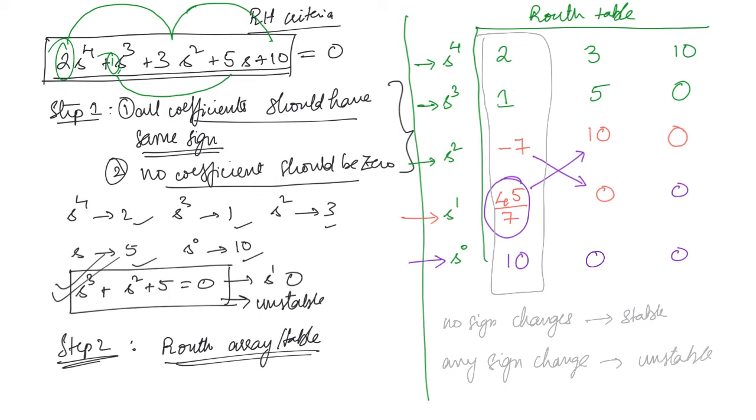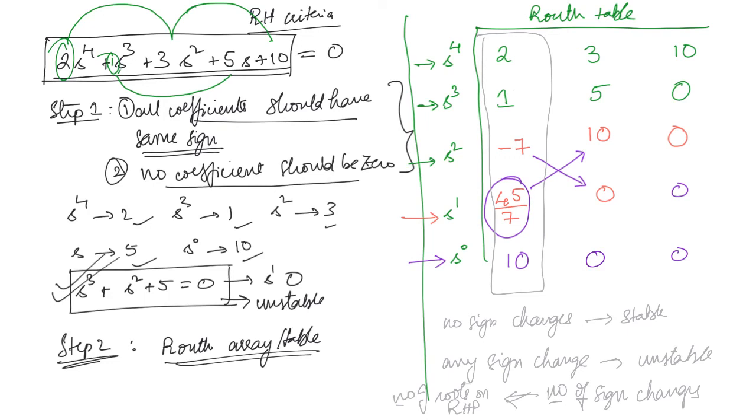And we can also get the number of roots that are lying on the RHP by means of the number of sign changes. So this gives the number of roots on the right half of the S plane, that is the RHP.